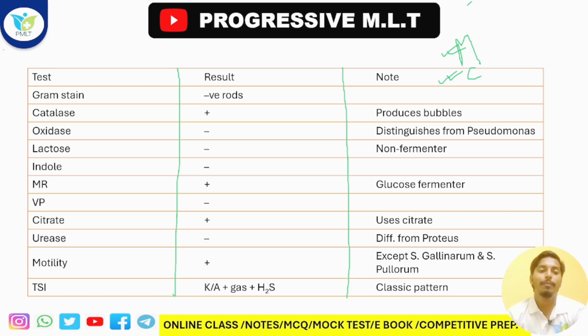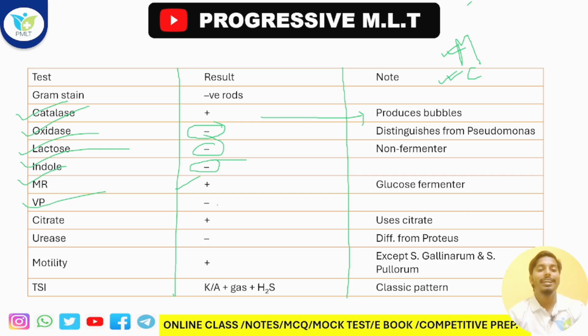Firstly, Salmonella is catalase positive. They produce bubbles. Catalase positive means H2O2 is converted to H2O and O. After that, oxidase negative. Got it? Lactose negative. After that, indole negative. Okay, MR methyl red is positive, VP negative.